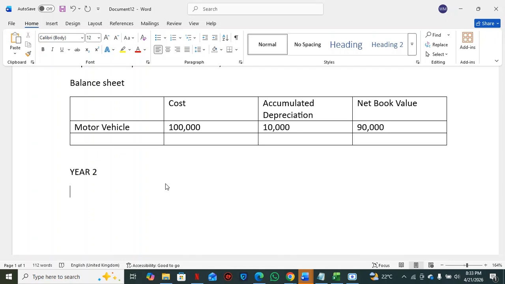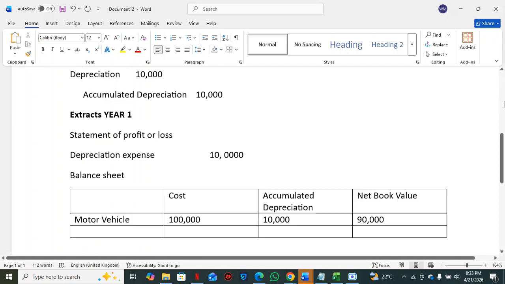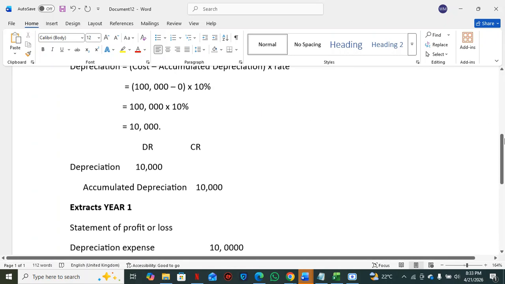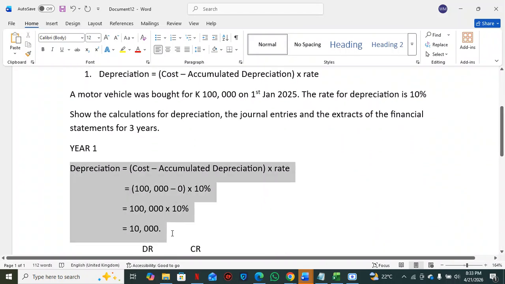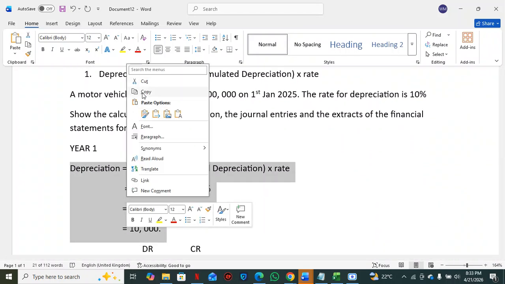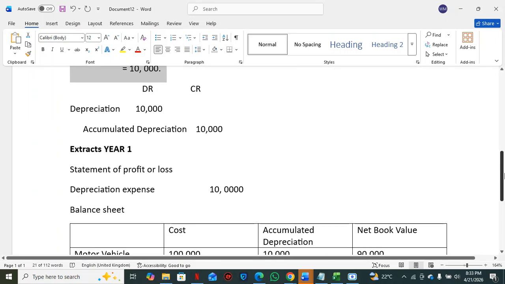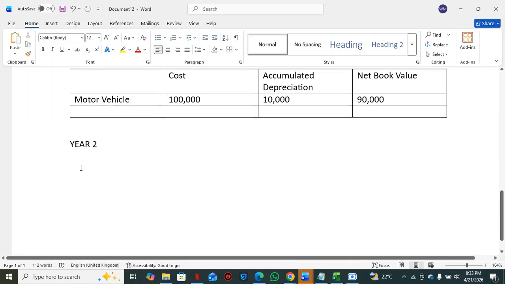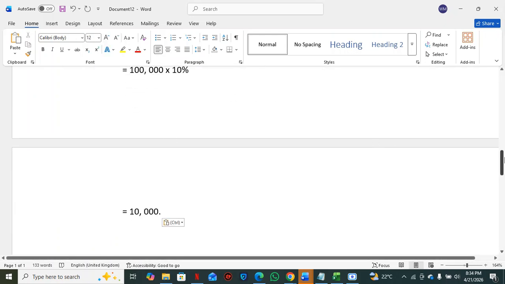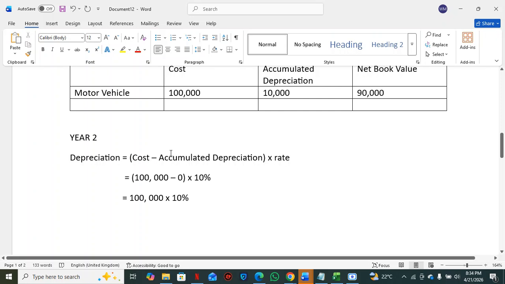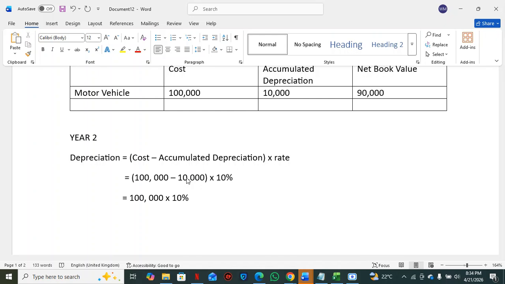All right, so year 2. We calculate the depreciation expense for year 2. Same formula here, only this time under accumulated depreciation we're going to put 10,000.